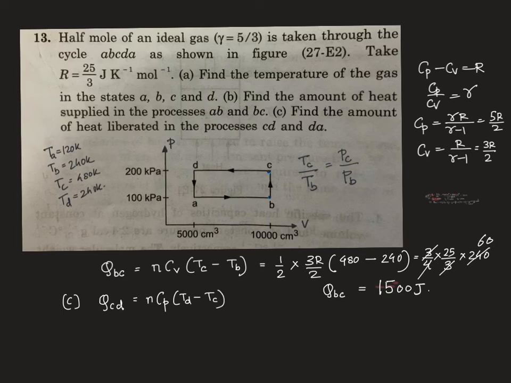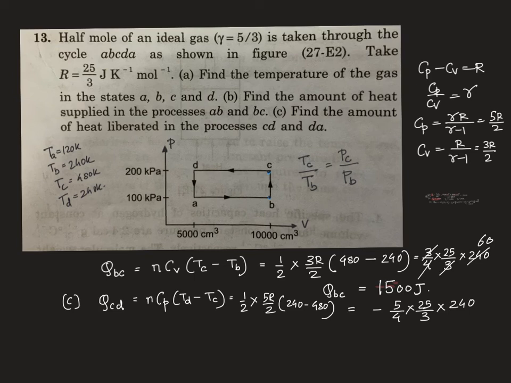That is half into Cp, 5R by 2, into TD 240 minus TC 480. So already you get a minus sign here: minus 5 by 4 into 25 by 3 into 240.